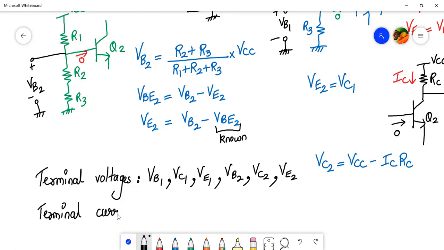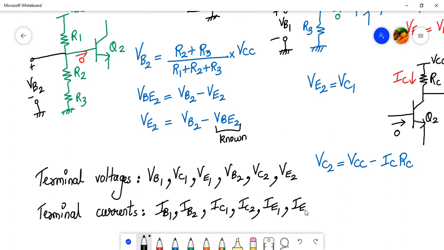And what are the terminal currents? Terminal currents in this DC analysis will be IB1, IB2. These are treated as 0 because they are assumed to be very negligible. Then we have IC1, IC2, IE1 and IE2.